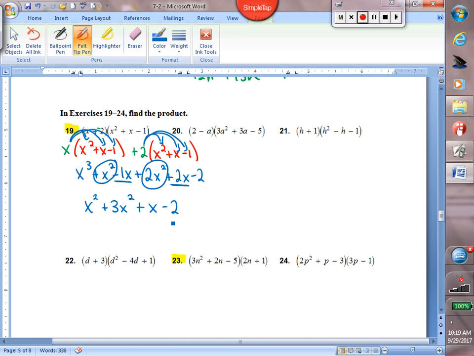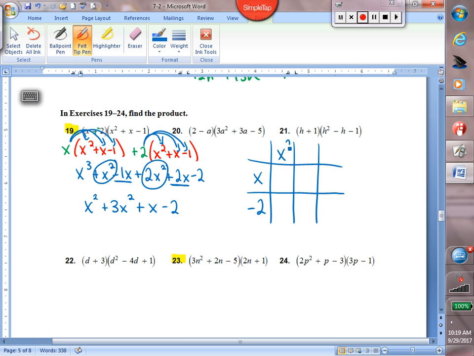We can also use the boxes. Into the first column, I'm going to put my x and my minus 2. And then across the top, I'm going to put the trinomial, x squared plus x minus 1.